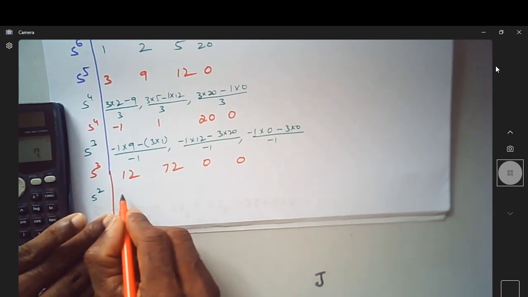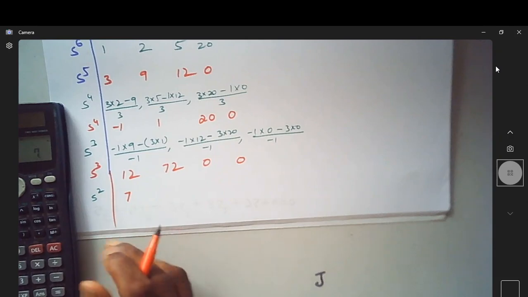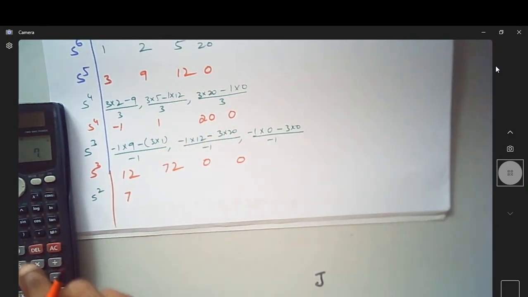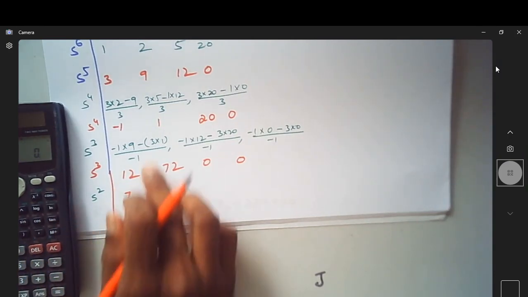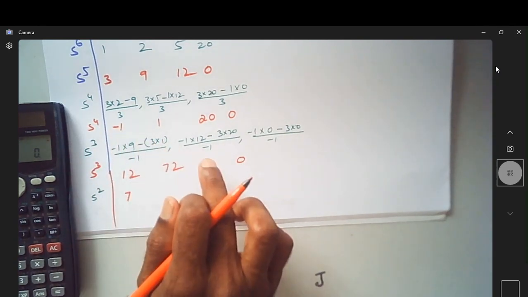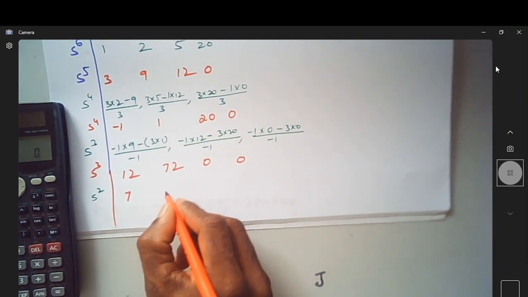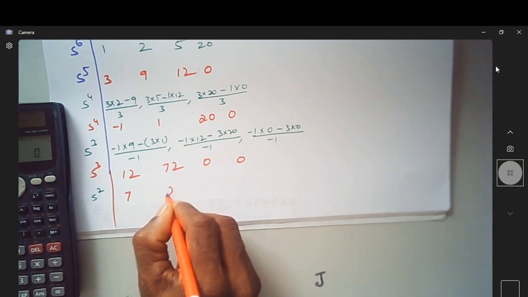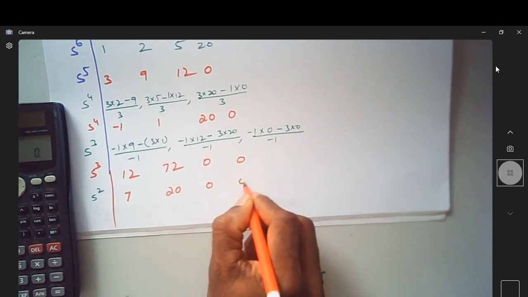So it's actually 7. This is 7, and then 12 into 20, because this will be 0 and this will be 12. Sorry, this will be 20. This is 20, 0, 0.